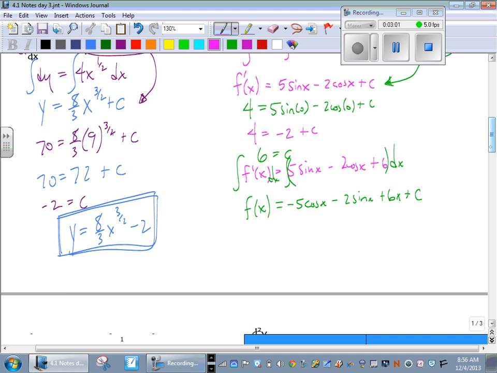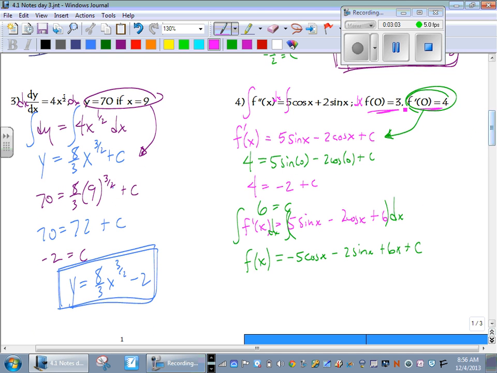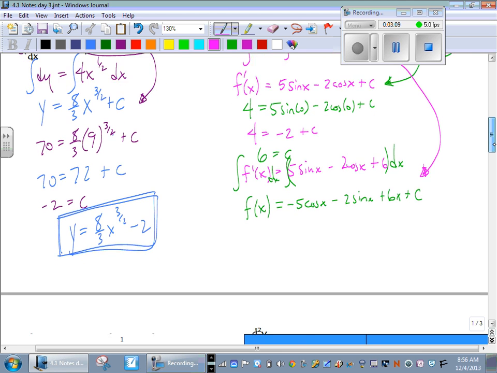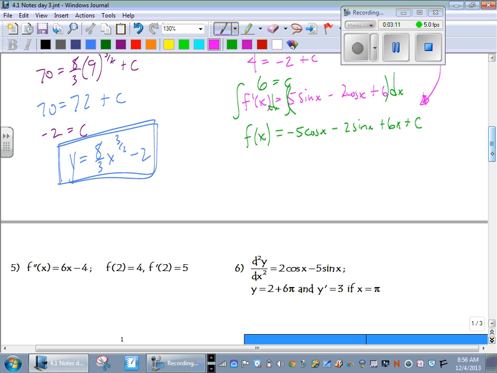So, last part here, we need to go ahead and figure out what c is. So we're going to use the information from the original function. When we put 0 in for x, we get 3 out for f of x. So we have negative 5 cosine of 0 minus 2 sine of 0 plus 6 times 0 plus c.